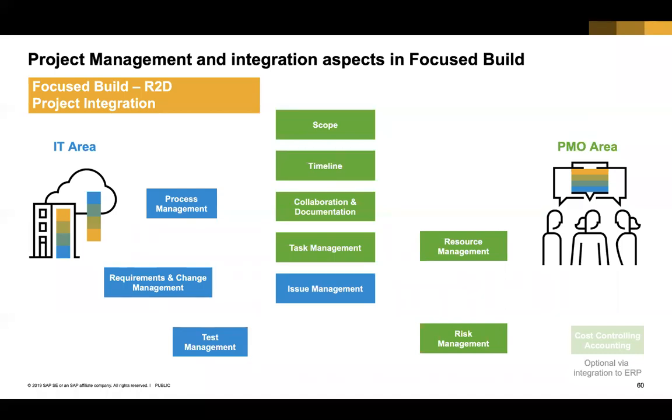So there's a hard link between change management or build management back to project management. Of course, test management also relies on project management for dates and milestones and so on. So there's a lot of interlinkages between each of these different areas and project management in Focus Build as well. This animation shows the linkages.